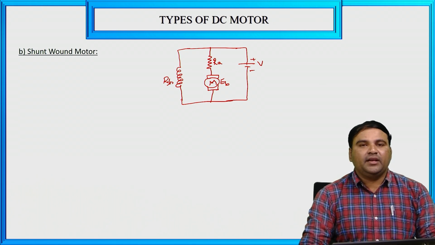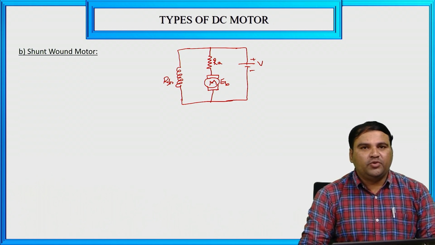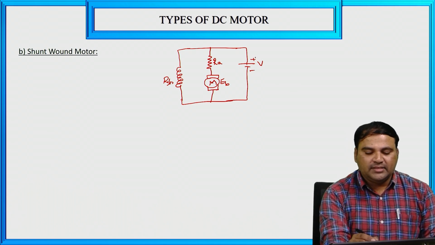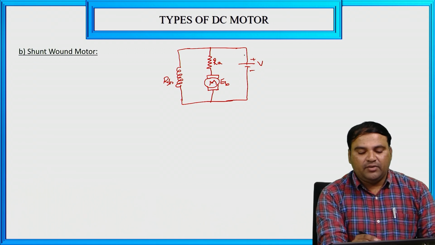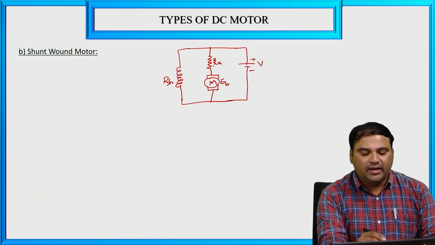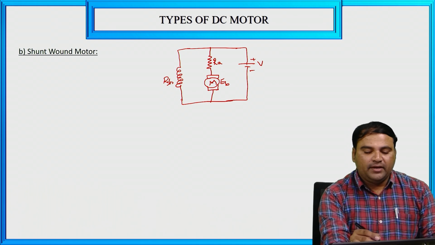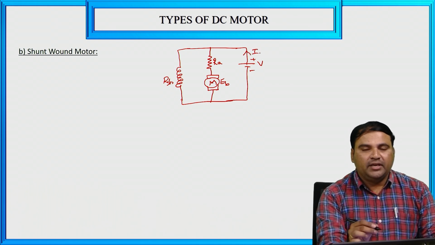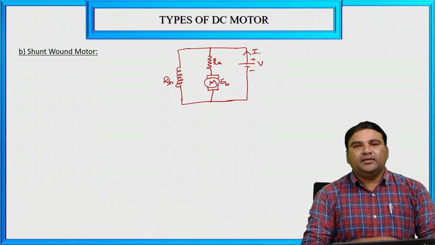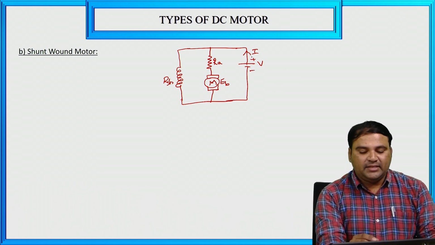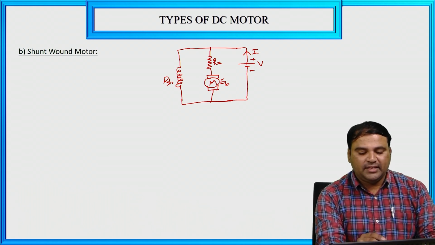Right, now for this shunt wound DC motor, we need to give the current directions first. Here the supply is there. From this supply, the electrical current passes through RA and RSH. Here the current is I. If you give the DC supply, the electrical current passes through the armature resistance and shunt field resistance.